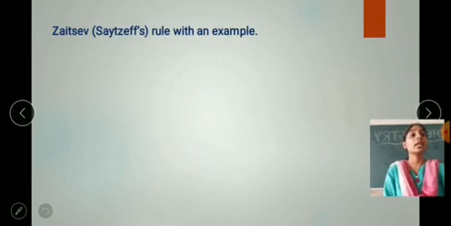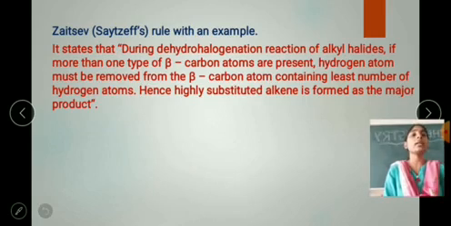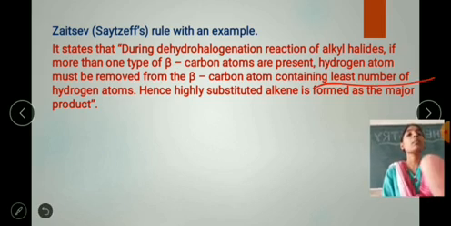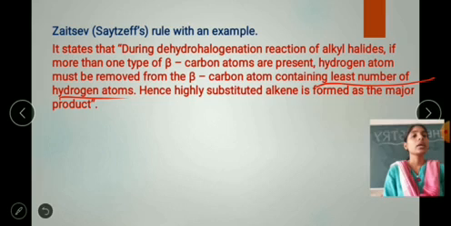If there is a presence of more than one type of beta carbon atoms, hydrogen atom must be removed from the beta carbon atom containing the least number of hydrogen atoms. Hence the highly substituted alkene is formed as the major product.